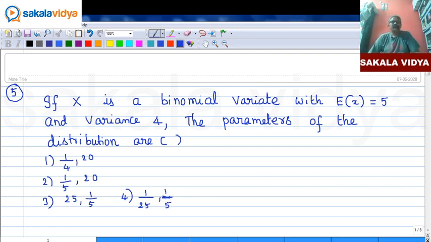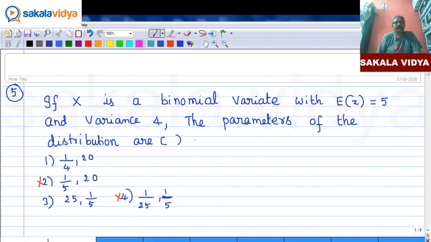Here X is a binomial variate with mathematical expectation 5, meaning np is equal to 5. Here 1 by 4 into 20 is 5, so the first option is also correct. 1 by 5 into 24 is not, so the second option is ignored. The third option is also 5, and the fourth option is not at all. So out of these, 1 and 3 are the right options.